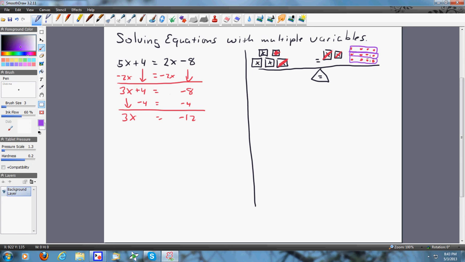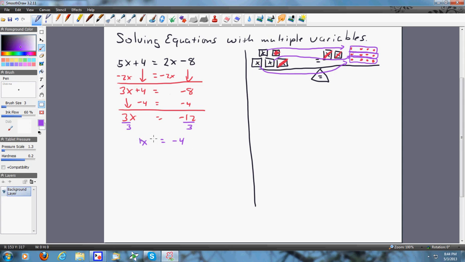Take a look. I can break them into 3 equal groups by dividing them up into groups of 4, but they're 4 negatives. So each x is going to be equal to negative 4. 1x equals negative 4.